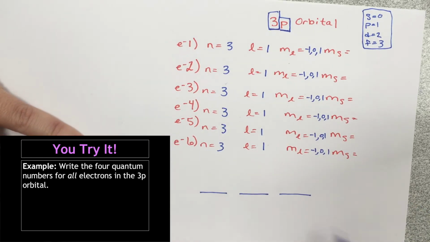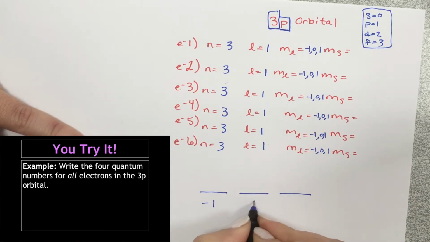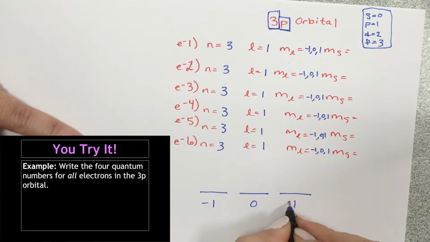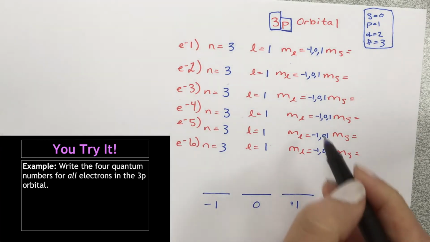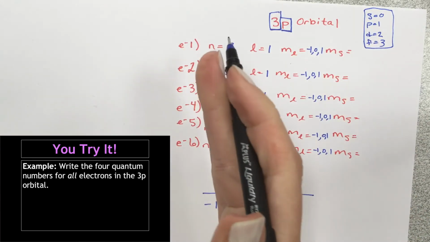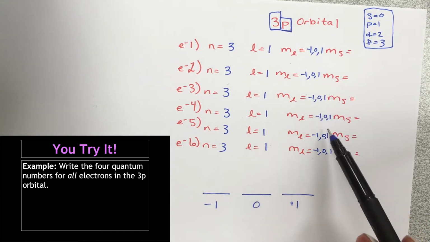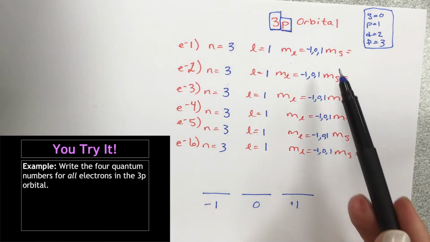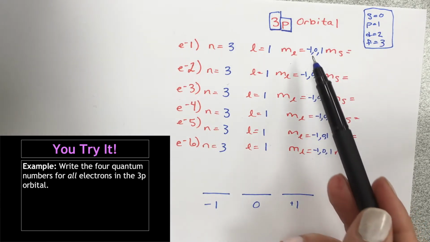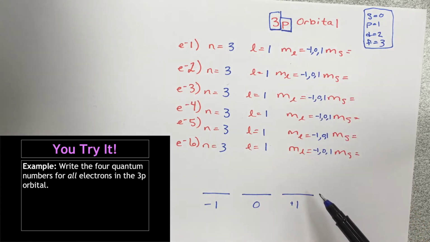Okay, and then go ahead and write it here. That's what this number represents, -1 to +1, okay? There are 3 orientations. There's an X, there's a Y, and then there's one coming at you. Okay, so basically, these spins. So we have 3 possible orientations, okay? And in each orientation, you can fit only 2 electrons in it, okay?